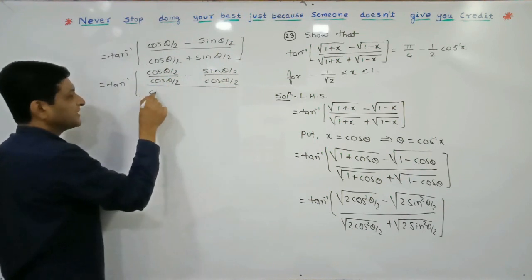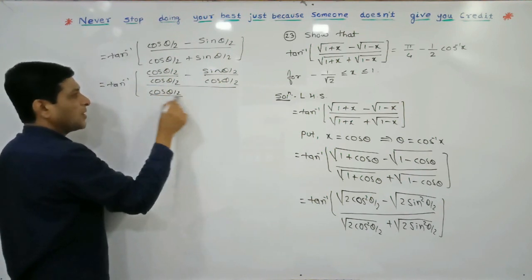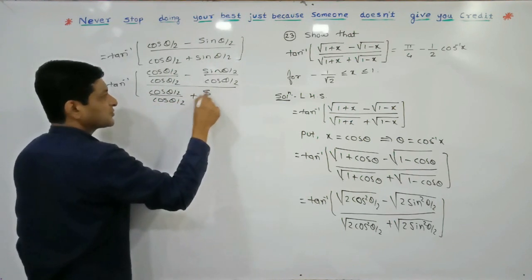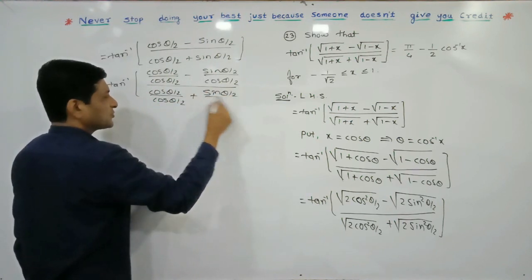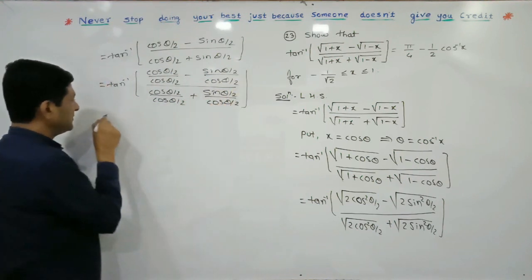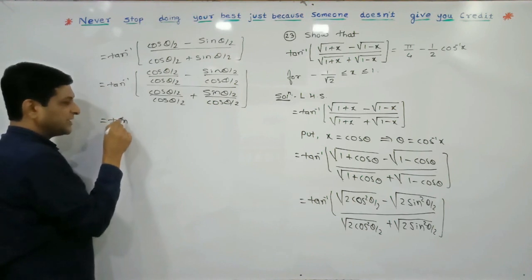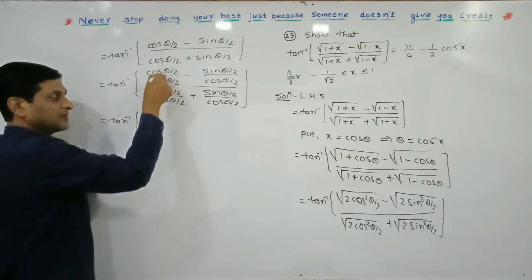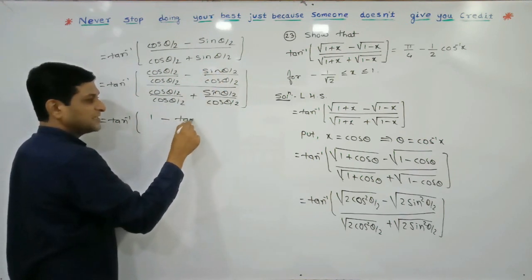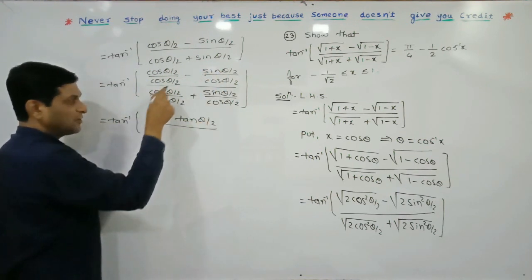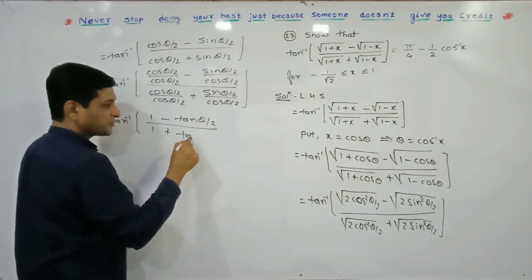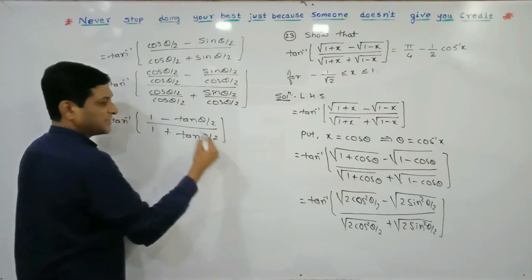In the denominator, cos theta by 2 upon cos theta by 2, keep it as it is, plus again divide here also by cos theta by 2, so we will get sin theta by 2 divided by cos theta by 2. Just simply we are dividing the numerator and denominator by cos theta by 2. Here what will the division be? 1. Here sin upon cos will become tan, so here we will get tan theta by 2. In the denominator these two terms will get cancelled, 1, and here sin theta by 2 upon cos theta by 2 will be equal to tan theta by 2.